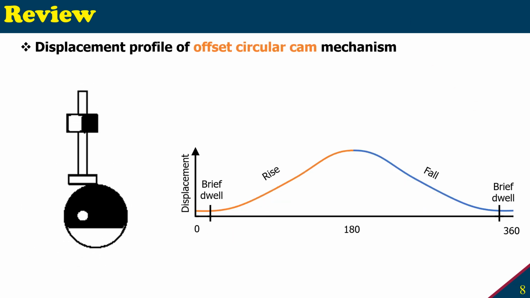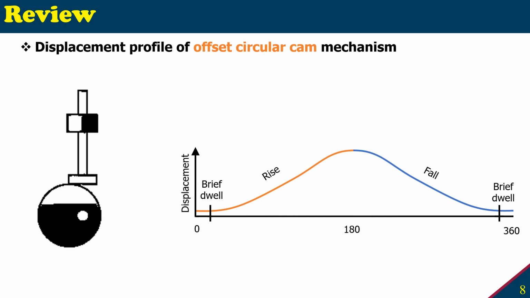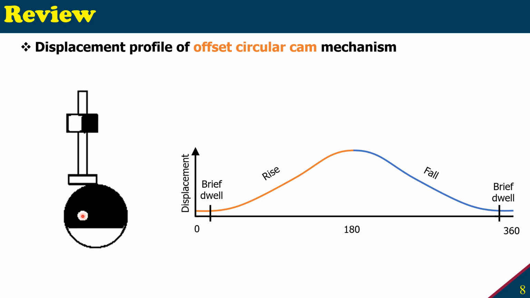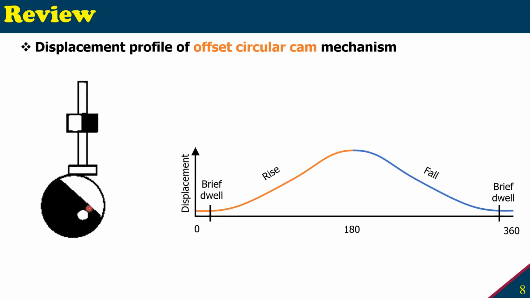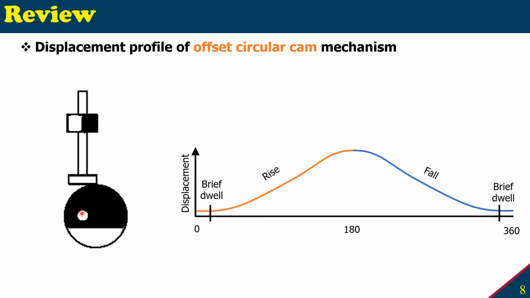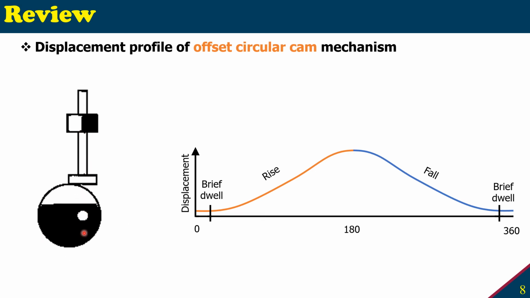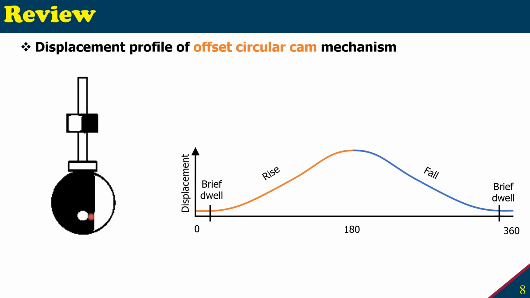The second cam mechanism we're going to study is the offset circular cam. The cam is circular and it is not rotating about its center, it's a little offset, and due to the offset, it is pushing the follower upward and downward. If it was rotating from the center, it would not have moved the follower.